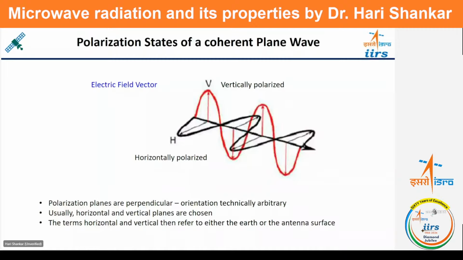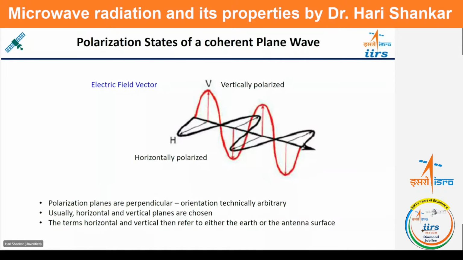So we can stop the vibration along any direction we want, or in other words, we can allow the vibration of the electromagnetic field as we want. Suppose we allow the vibration along the horizontal direction, then this electric field vector is called the polarized electric field vector. The vibrations are happening only in a particular direction, which means the wave is polarized.